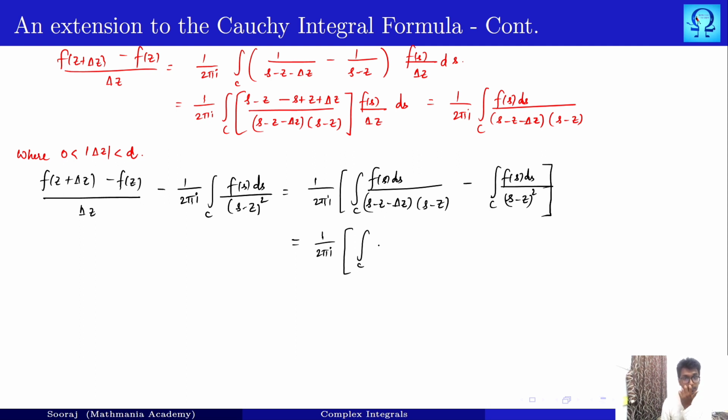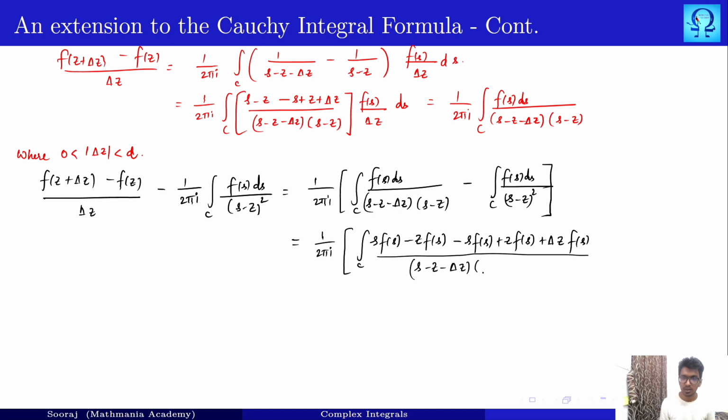So when we take LCM, we would have s f of s minus z f of s, and minus s f of s plus z f of s, and we'll have plus delta z f of s, everything upon (s minus z minus delta z) multiplied with (s minus z) squared, and finally we have this ds.